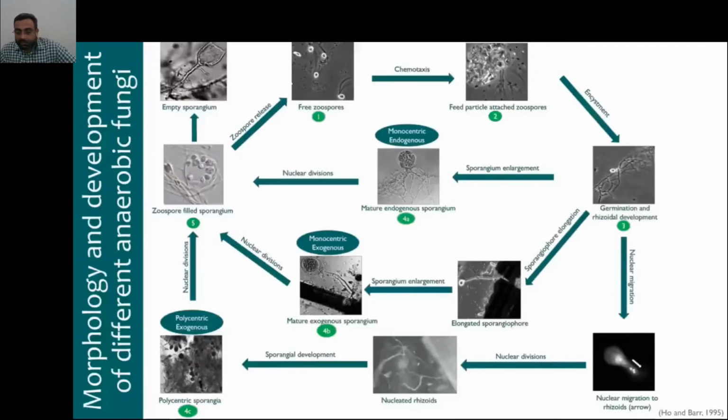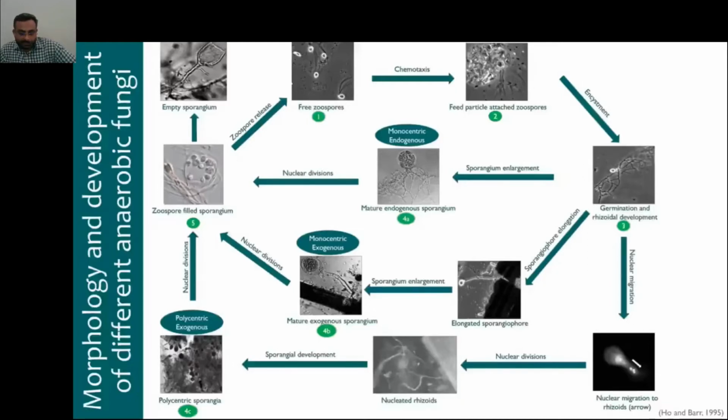In another case wherein the polycentric type of development happens, the nucleus of the zoospore cyst migrates to the rhizoids, eventually making all the rhizoids nucleated. So this type of development, since the nucleus migrates from the zoospore cyst to the rhizoids, is always exogenous and all the rhizoids are nucleated. So this type of development is non-determinate, and any of these rhizoids can later on produce multiple sporangia.